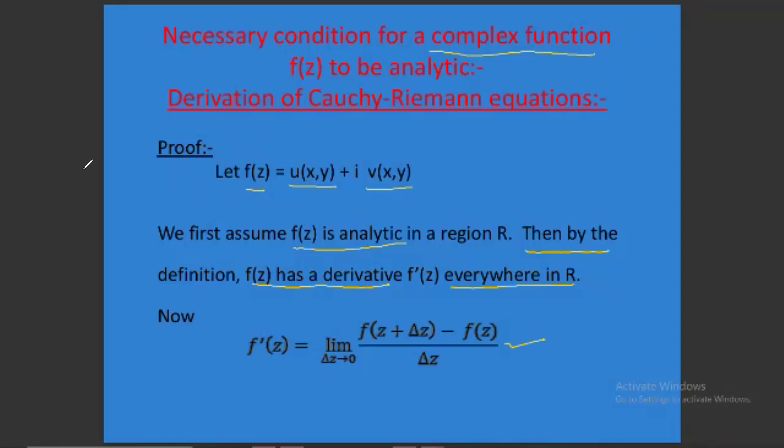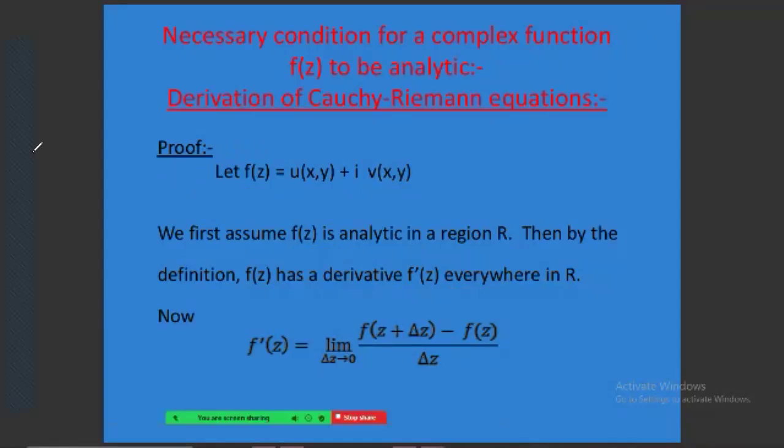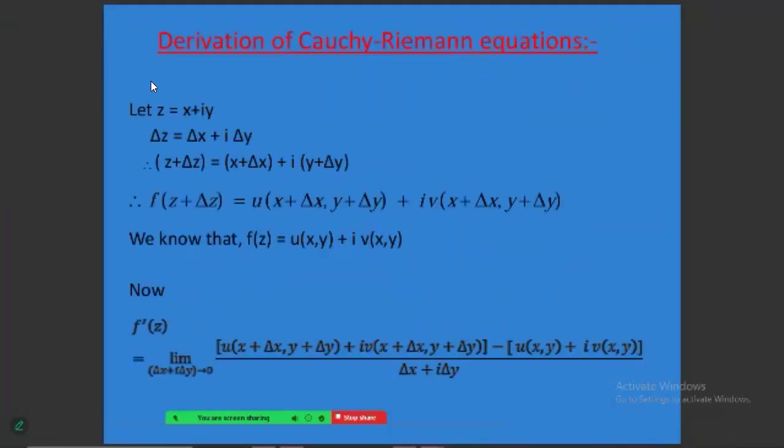We are considering f of z to be analytic in a region R. If it is analytic, by the definition it has a derivative everywhere in R. If it has a derivative, we write f dash of z is equal to the limit as del z tends to 0 of f of z plus del z minus f of z, divided by del z. Now first, let us consider.